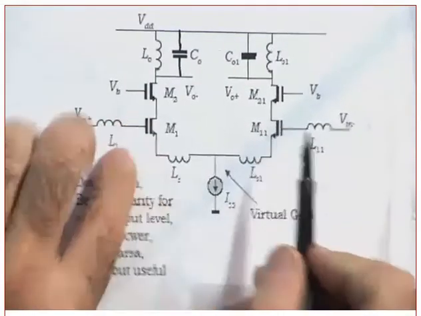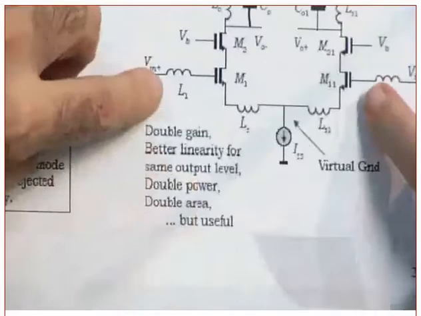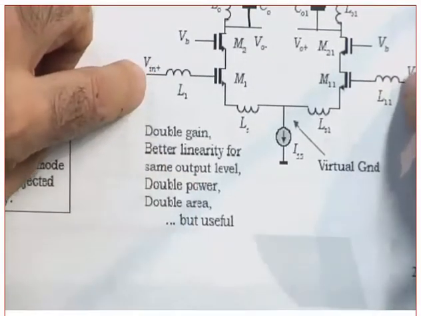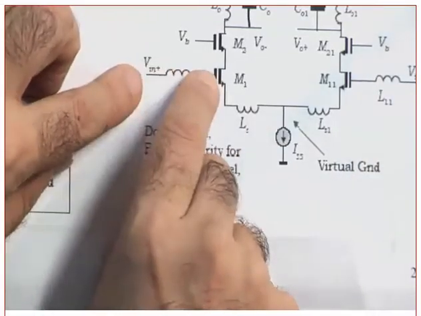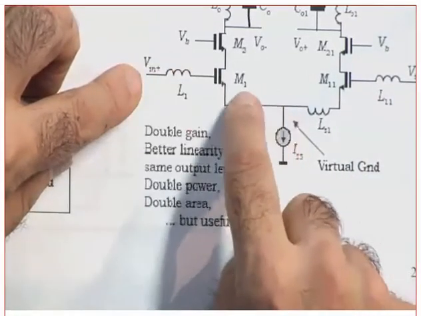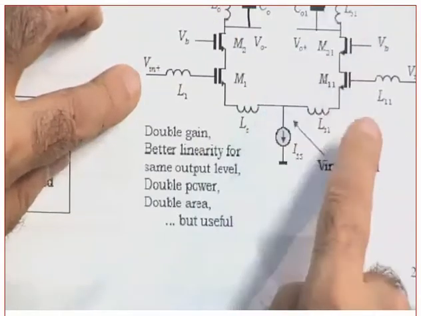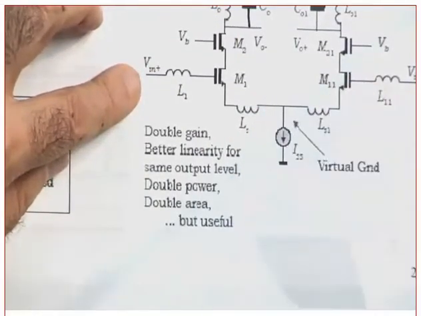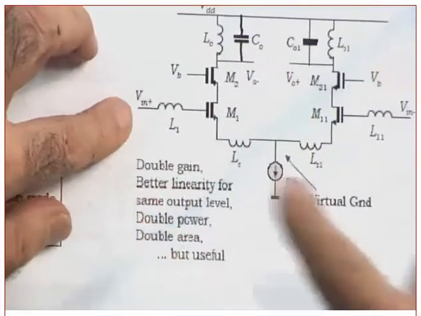This transistor and this transistor are these. This one and this one. Yes? And they are driven by voltages of opposite polarity. This is positive. This is negative. Now remember, when this is positive, it means all the current will come that way, and none of the current will come this way. Why? Because this one will be cut off when this one is negative. Did you get my point or not? Okay. How about the other way around? In the other cycle.